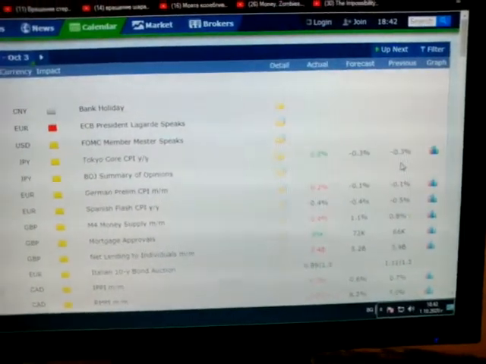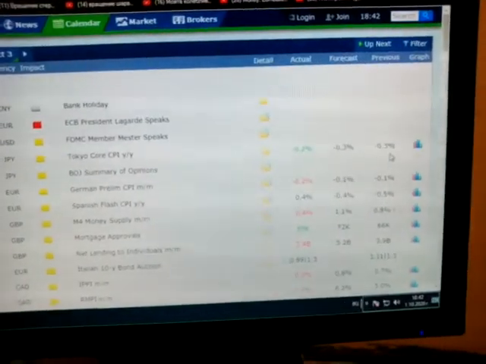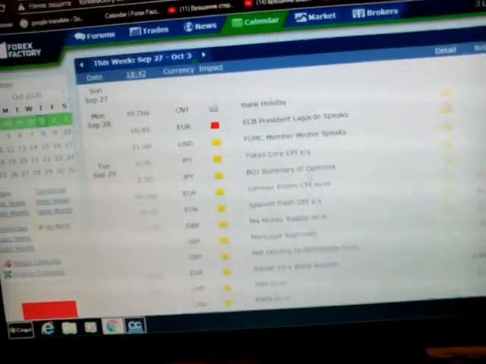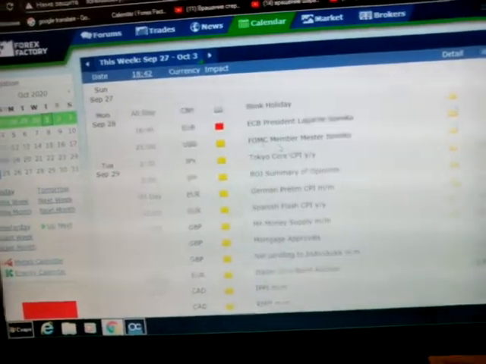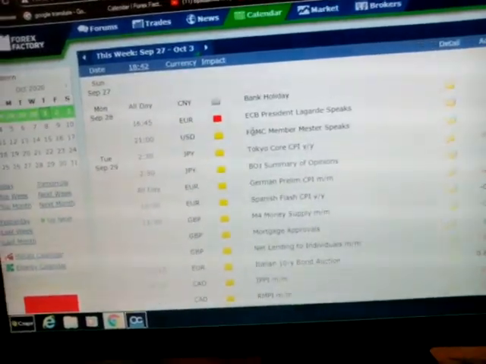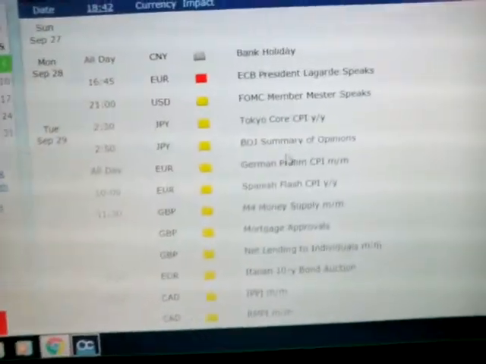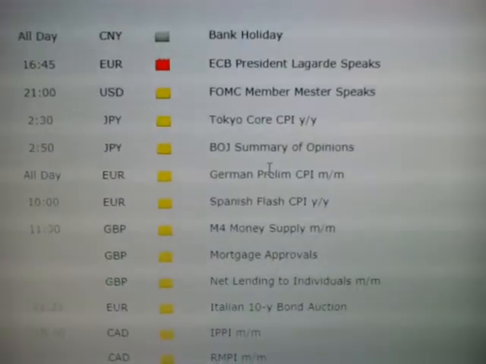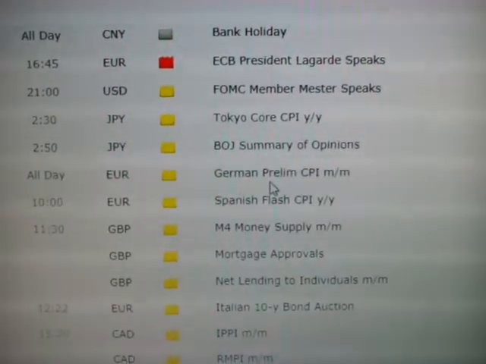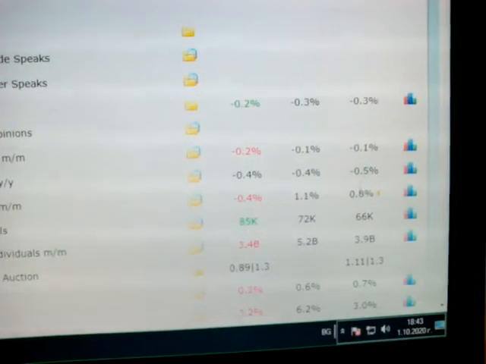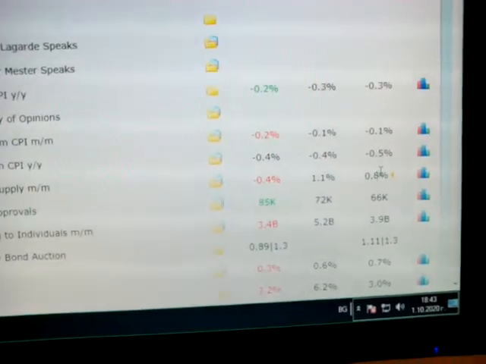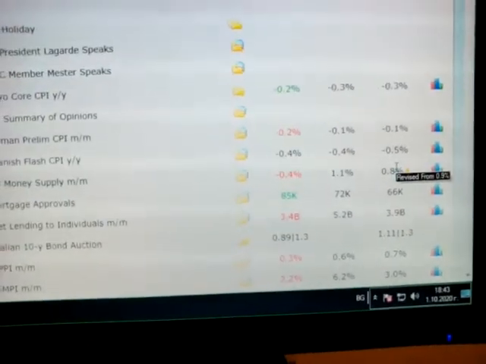You can see that there are previous values of some indicator, some economic data, and the actual, but it can change, like here, so they can change it.